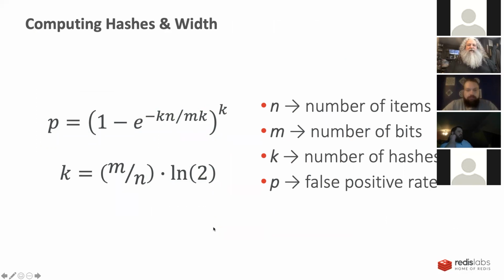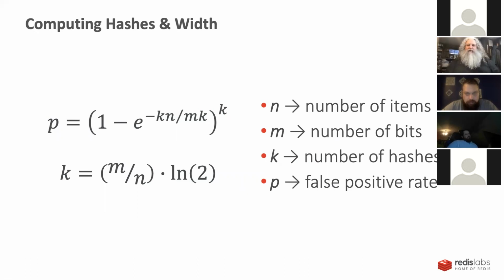And then plug those values into here and find out what your false positivity rate is. And if that's acceptable, then you're good. And if it's unacceptable, then modify the number of bits until you get something that is acceptable. And so this is a way that you can compute how wide you need to make these things.